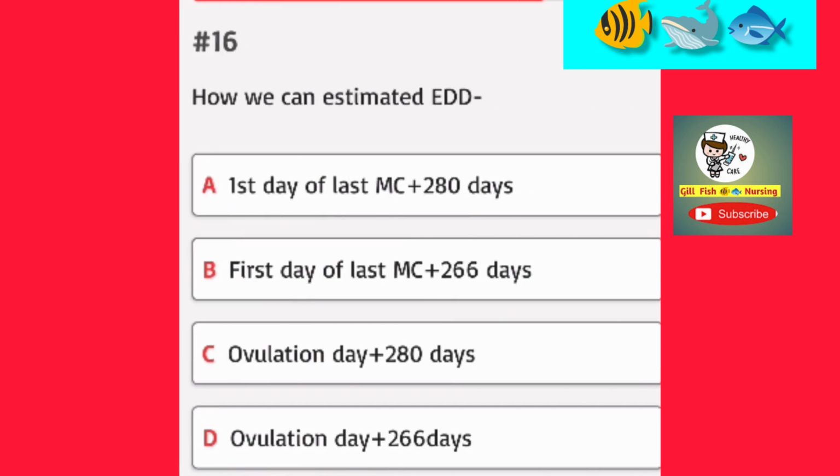How can we estimate the expected date of delivery? A first day of last menstrual cycle plus 280 days, B first day of last menstrual cycle plus 266 days, C ovulation day plus 280 days and D ovulation day plus 266 days.